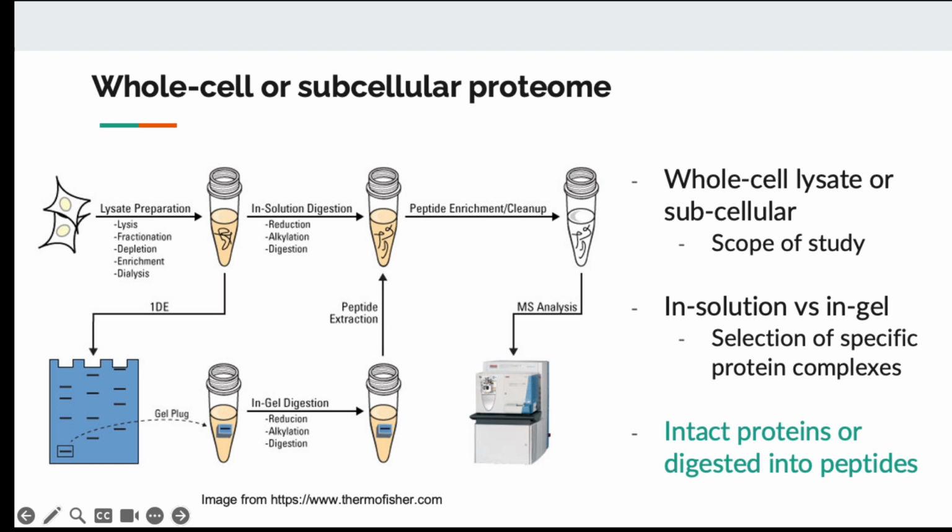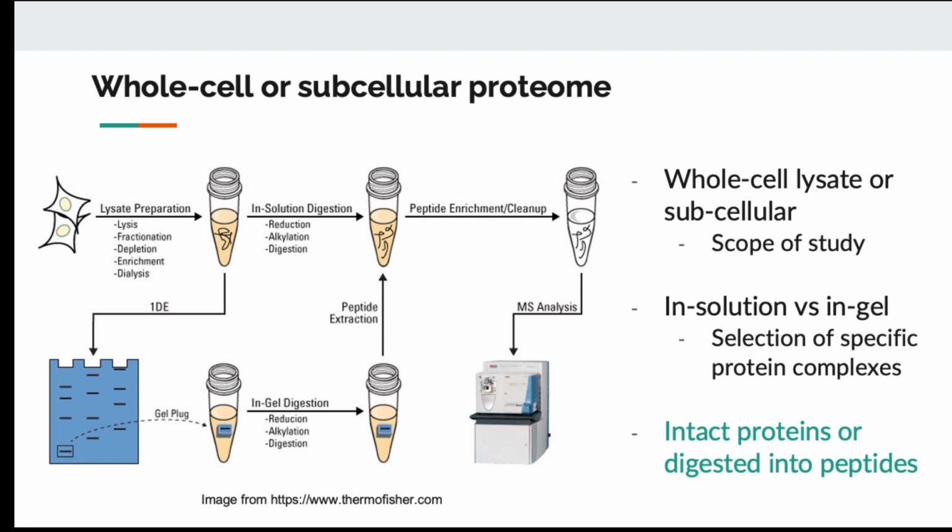You can extract everything, or you can enrich for a certain organelle or certain part of the cells, and study only those proteins. So if people are interested in the cell membrane, they can focus on the proteins embedded in the membrane, and they can elute out all the cytoplasmic proteins. So you have a choice when you study protein, which groups of protein you want to focus on.